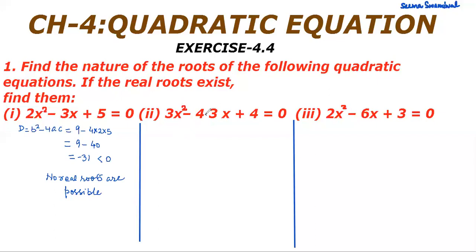And here we have a square root sign, square root 3. So let's find out D in this case also. D is equal to B square minus 4AC.